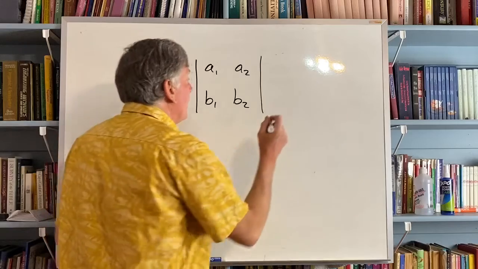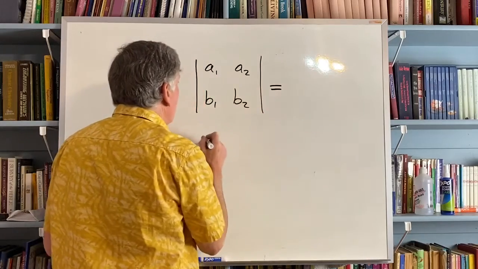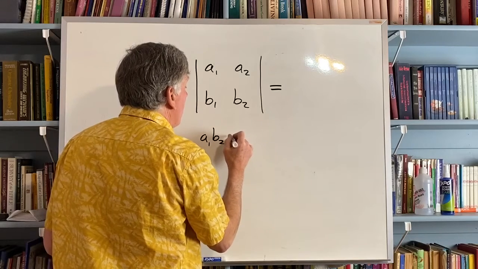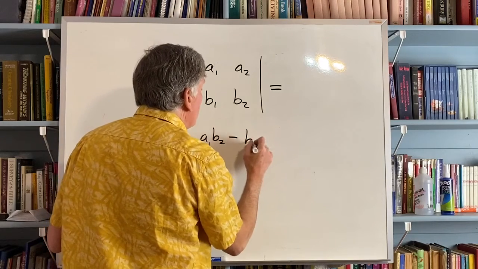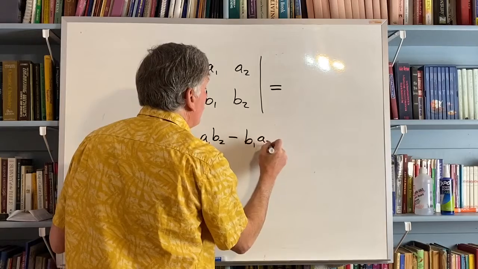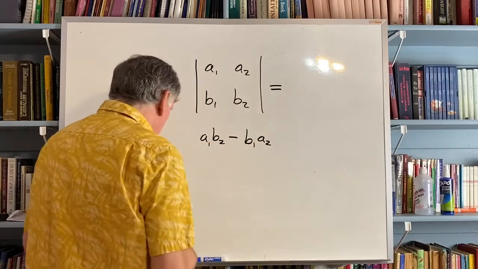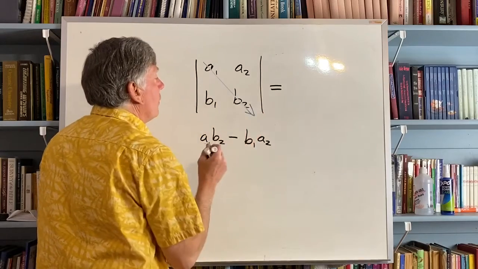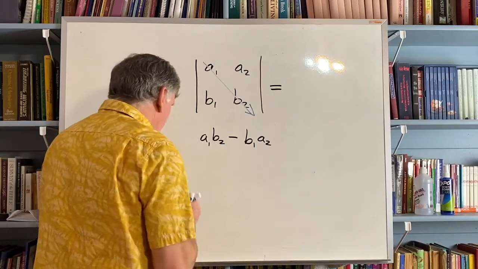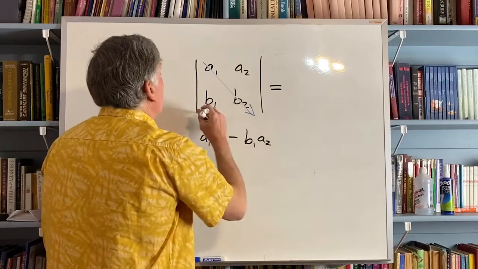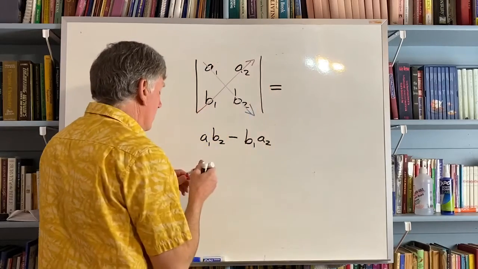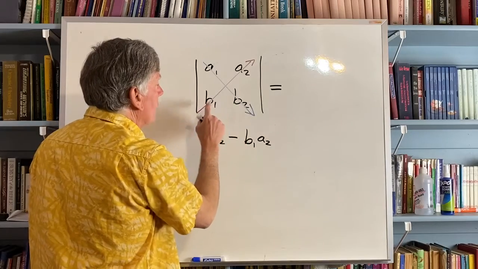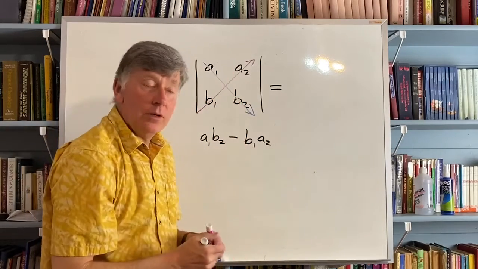And this thing is equal to A1 times B2 minus B1 times A2. We basically go in this direction first, and then subtract this direction. So we'll go A1, B2 minus B1, A2.